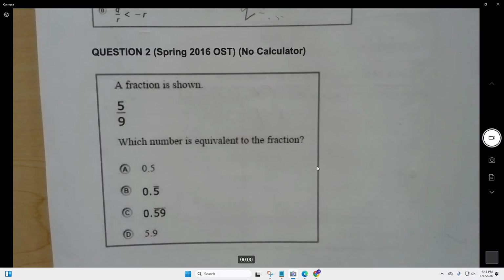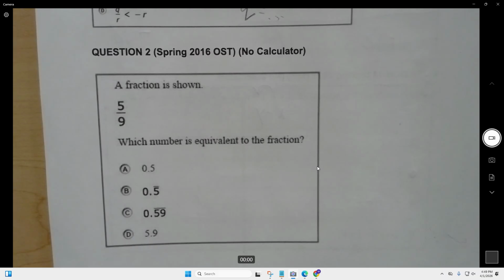If you have a fraction with a denominator of 9 or 11, then to solve for that, all you need to do is multiply the numerator by whatever the other number is, and then move the decimal over.